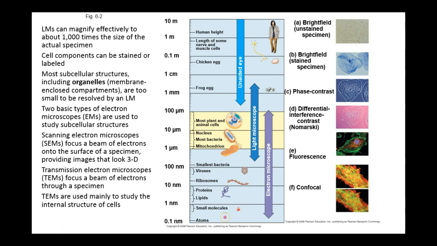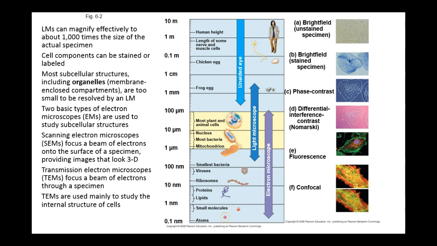The positive aspect of light microscopes is you have a light passing through a specimen, and it uses a lens to bend the light in such a way that the specimen is magnified. Light microscopes have three basic positive properties: magnification, resolution, and contrast. Magnification can sometimes be 1,000 times the size of the actual specimen, depending on how strong the microscope is. And even with that 1,000 times magnification, the resolution can remain.